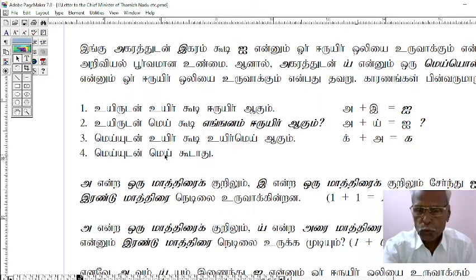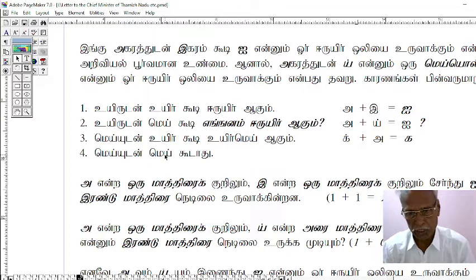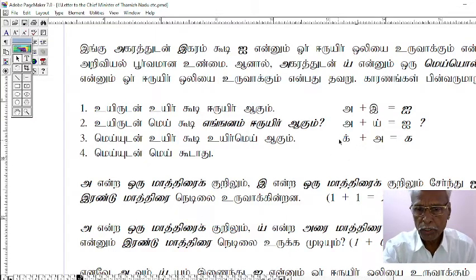Thirdly, a vowel phoneme would combine with a consonant phoneme, forming a compound phoneme, a compound letter. See, ik plus a, ka. But two consonant phonemes cannot combine themselves and form a compound phoneme.